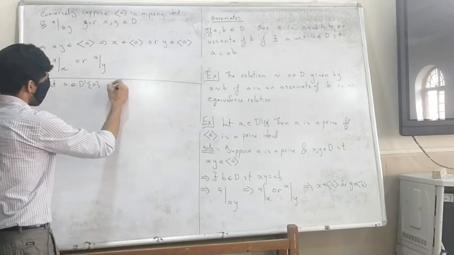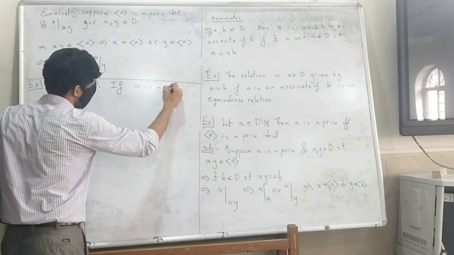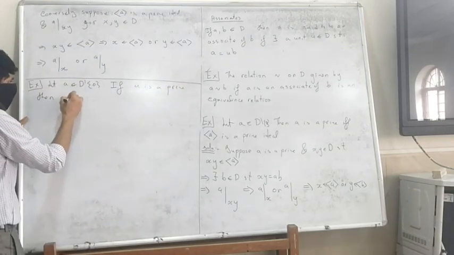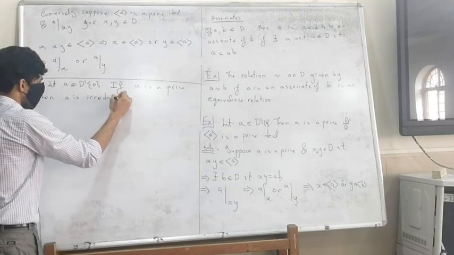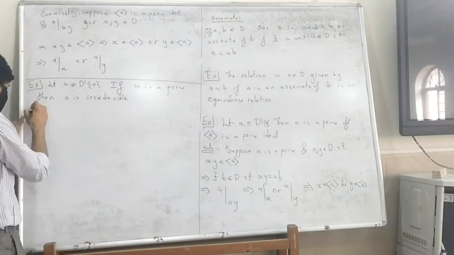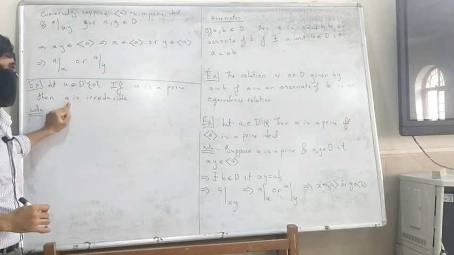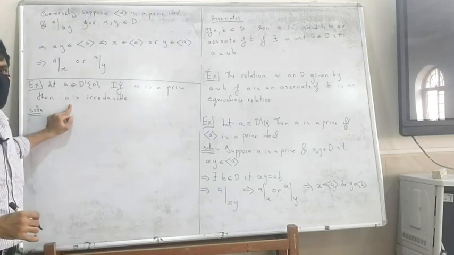Because if A is a prime, then A is irreducible. So how do I prove this? I want to prove that something is irreducible, so write A as some BC, right?